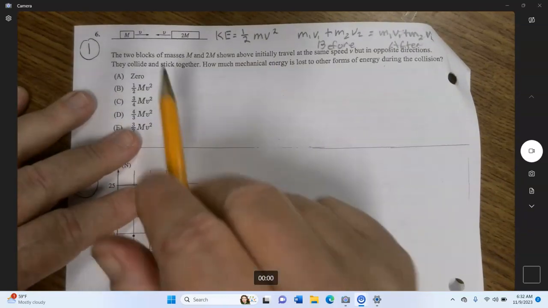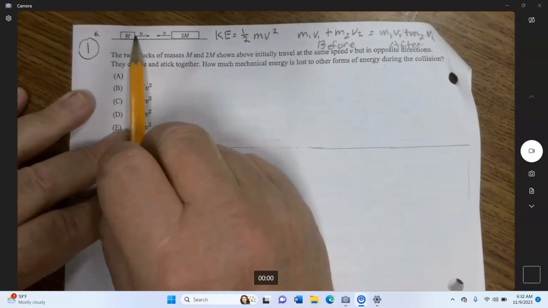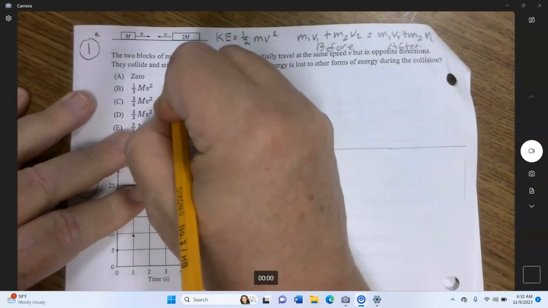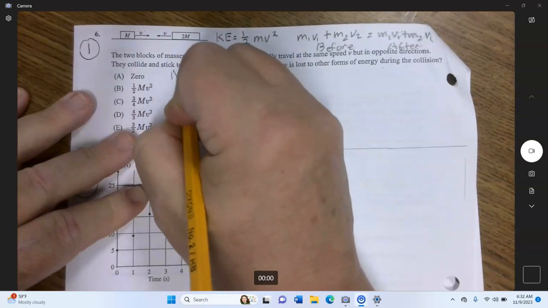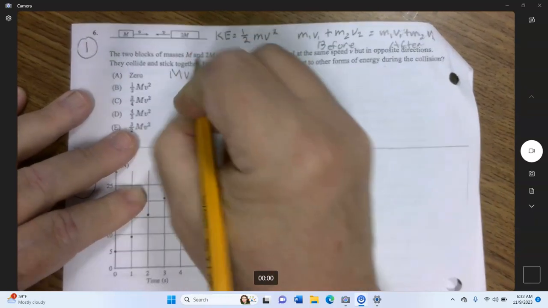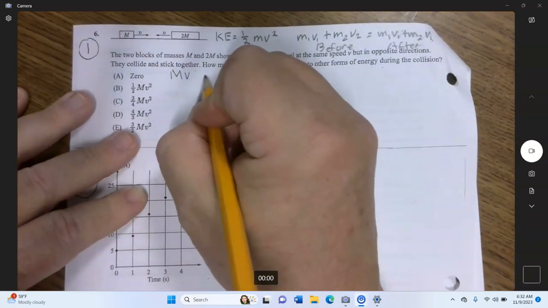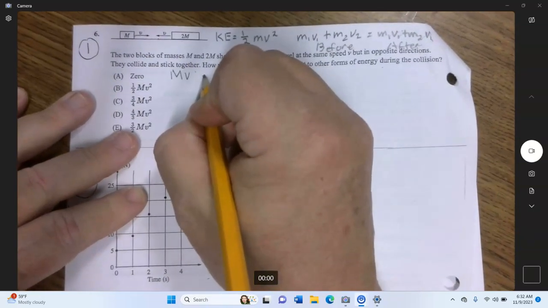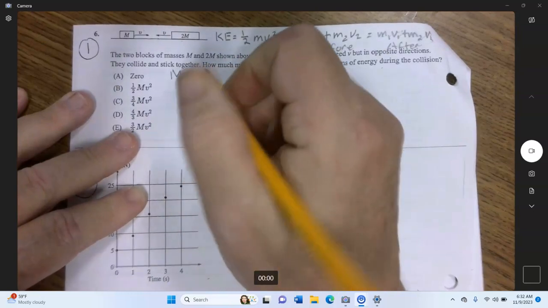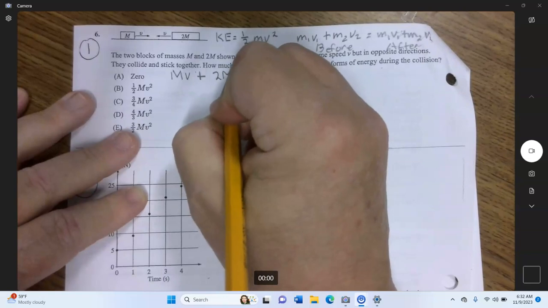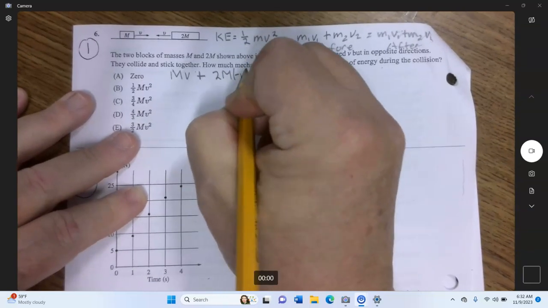Okay, so let's go ahead and set this up. So we have m times v is the momentum to the right, and we'll use capital M because the block is capital M, plus, but we see that it's moving to the left, so we're going to say minus. Well, let's put a plus negative, in other words. So it's plus 2m times negative v.